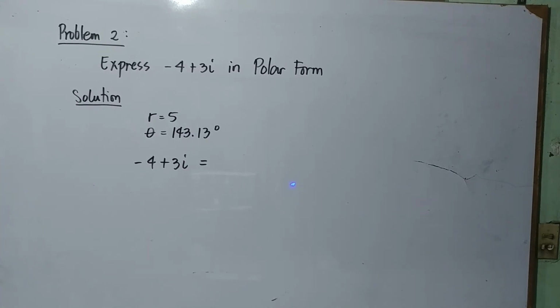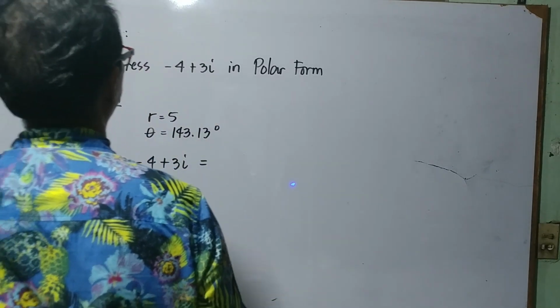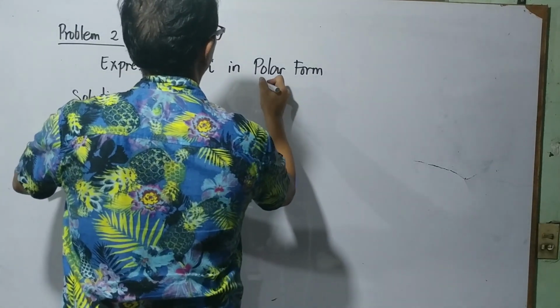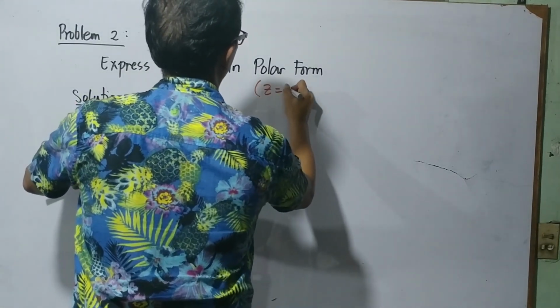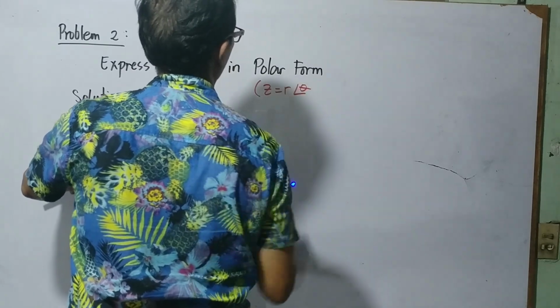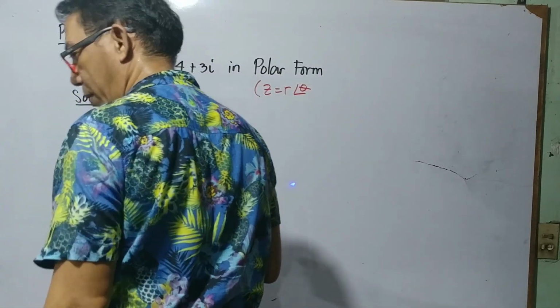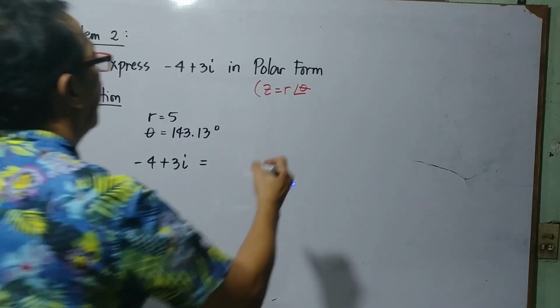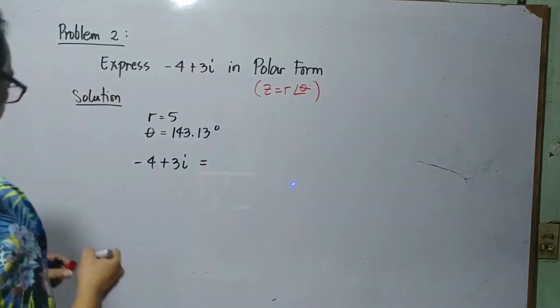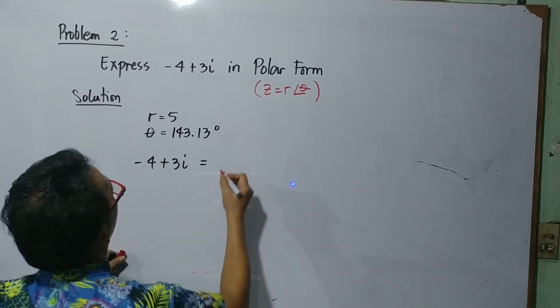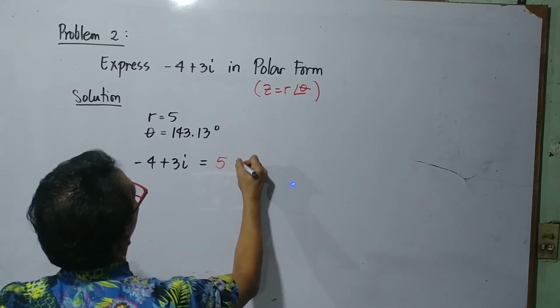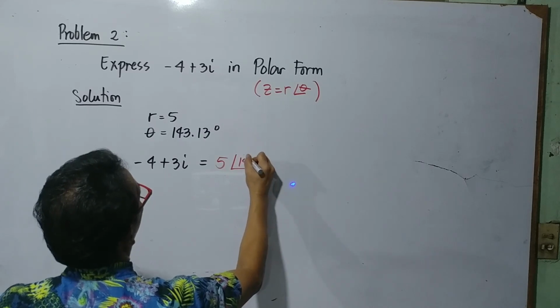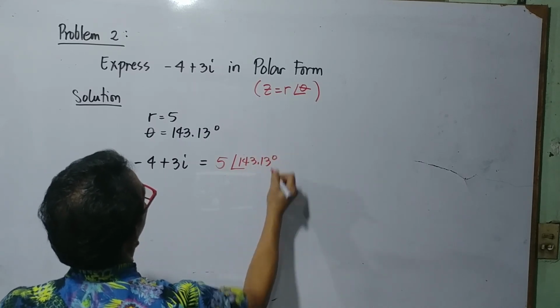It is R times angle theta. Or we have now 5 angle 143.13 degrees.